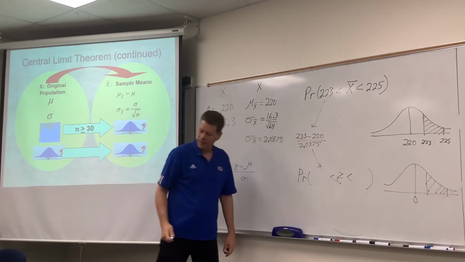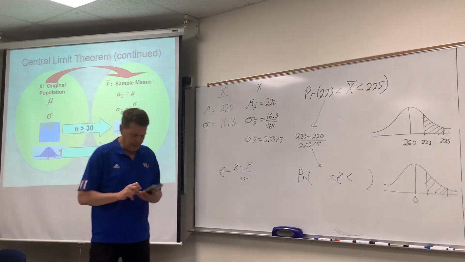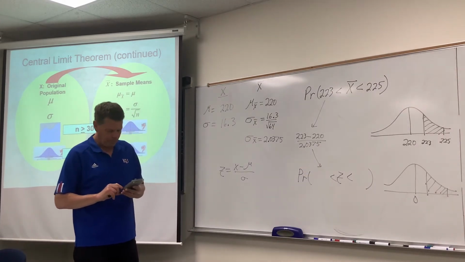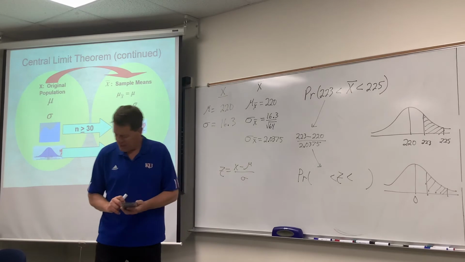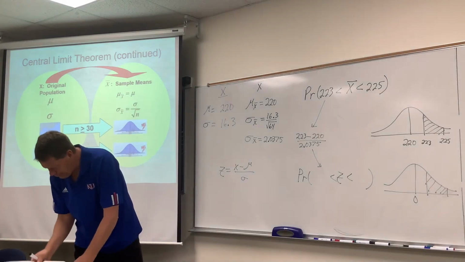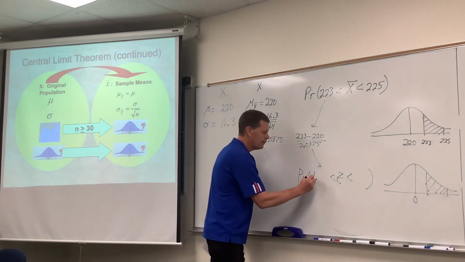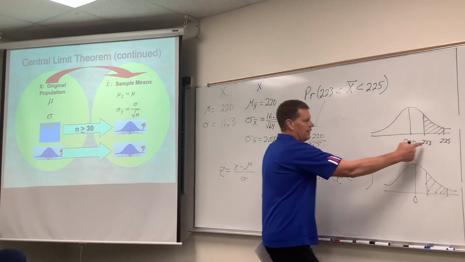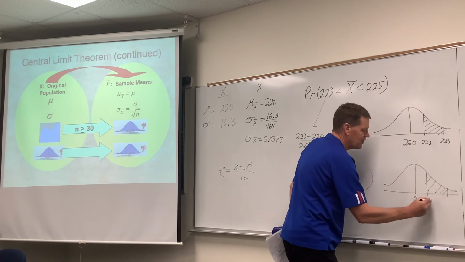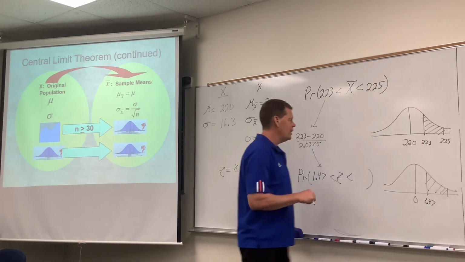Boom, drop that one in there. All right, and that's going to be basically 1.47. 1.47 is the standardized value for the 223.